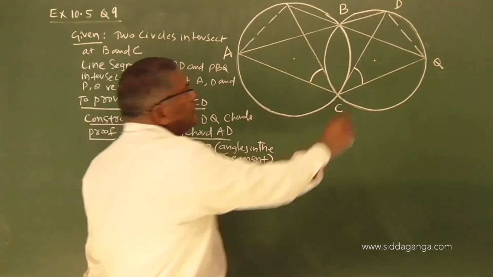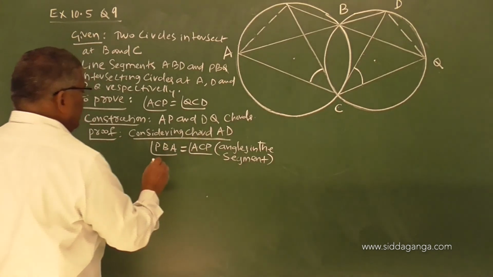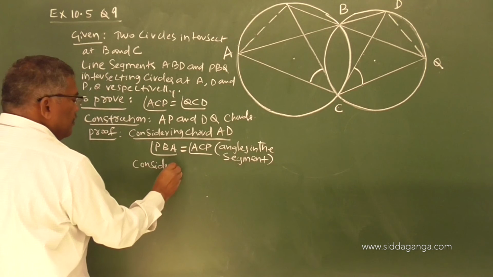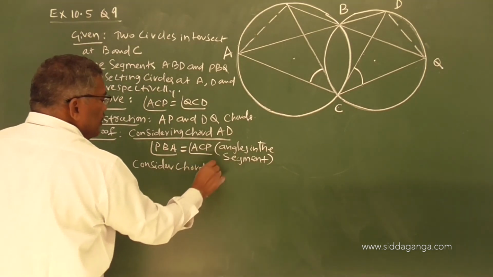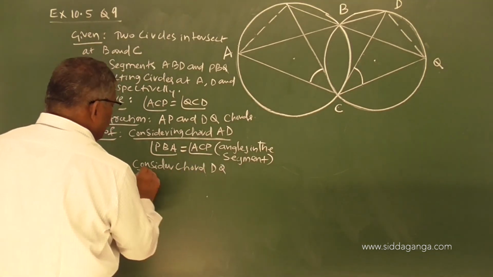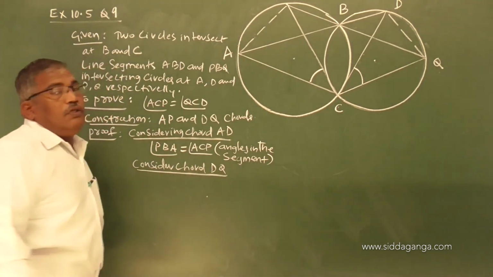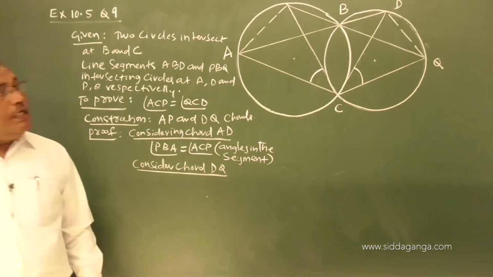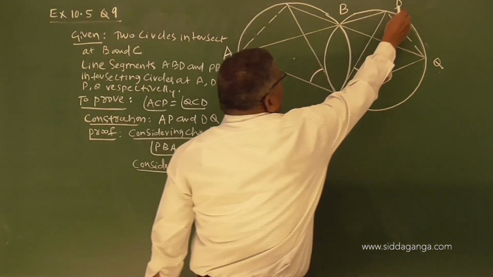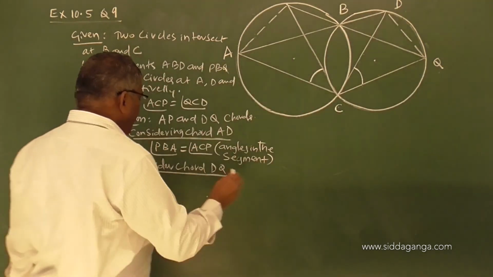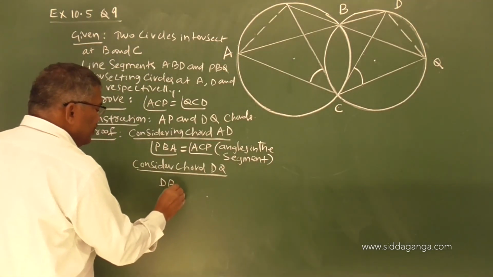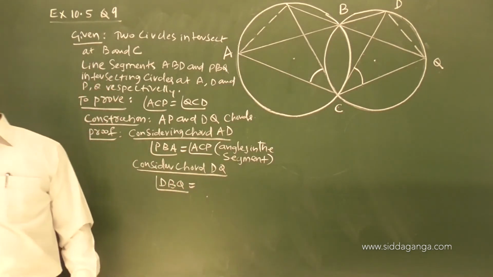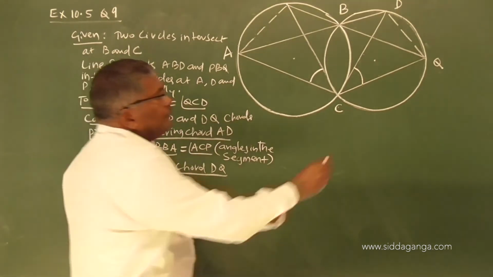Now, similarly, you consider chord DQ. So when you take that up, you can see in the figure, DBQ angle will be equal to QCD.